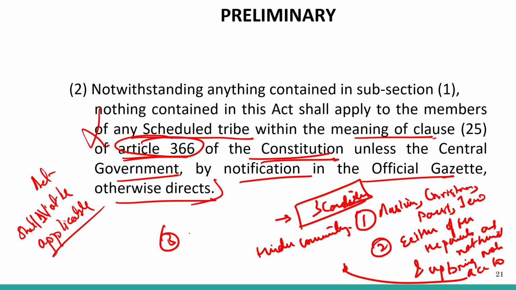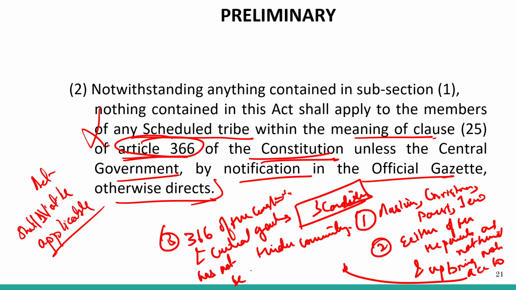And the third one is they are falling under Article 366 of the Constitution, and the central government has not by official gazette directed that particular community be considered as a Hindu. Understood?